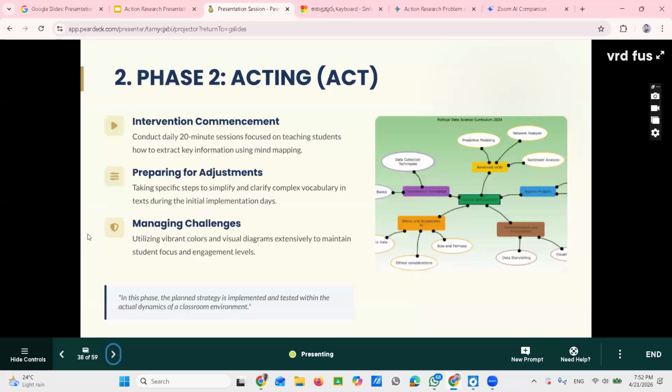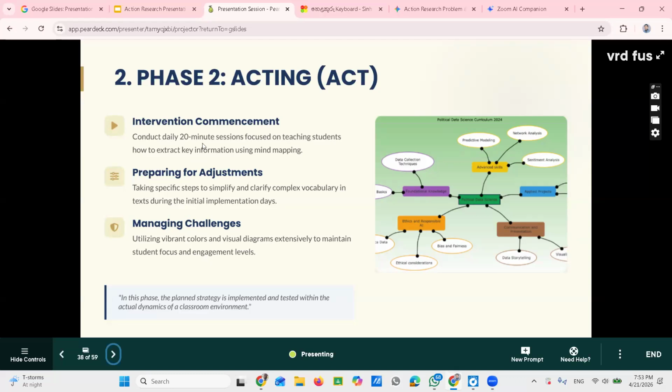Right. Then look at the example. The same example, they continue in the same example. Then you need to focus on the first one, the intervention commencement. Conduct a daily 20-minute session focused on teaching students how to extract key information using mind mapping.